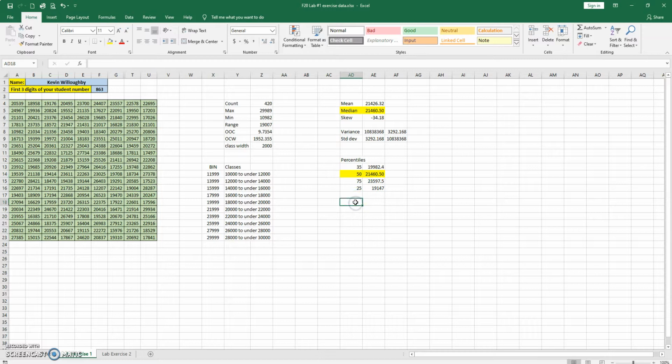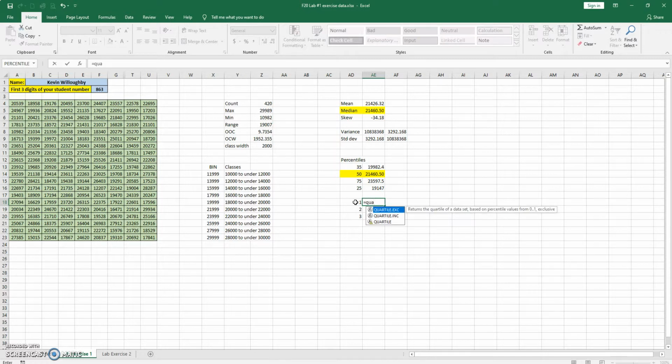Now if we wanted to, we could calculate the first, second, and third quartiles using a quartile function. It's equals quartile, the array is your data set, and the quart number we need is the actual value of 1, 2, or 3. So there's our first quartile, which is the same as our 25th percentile.